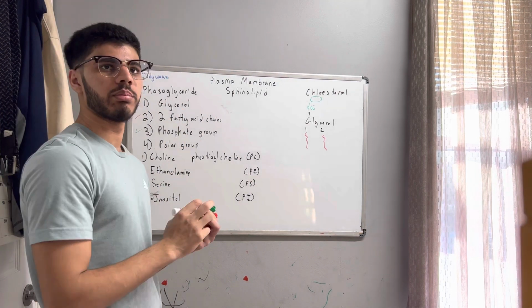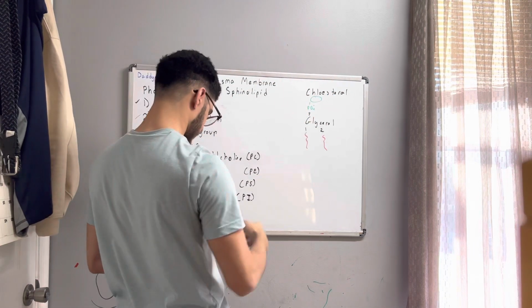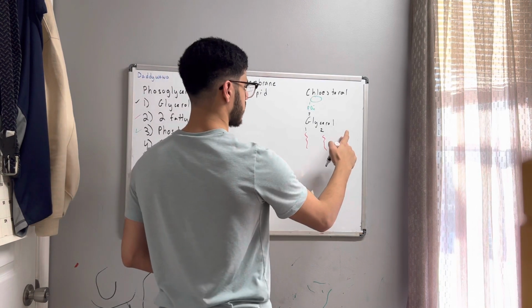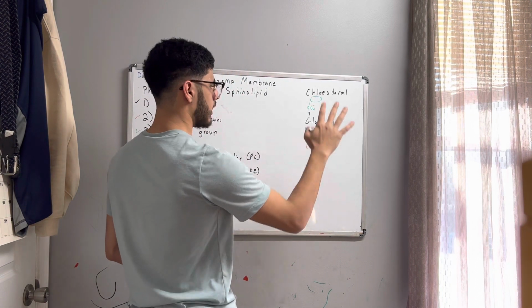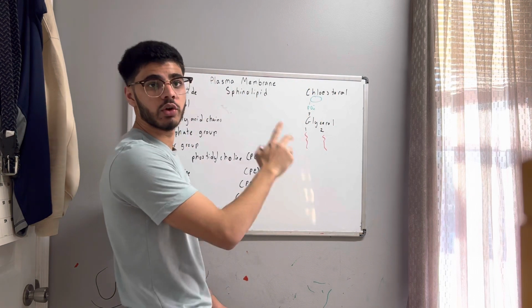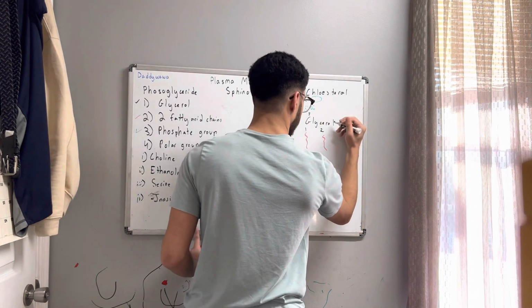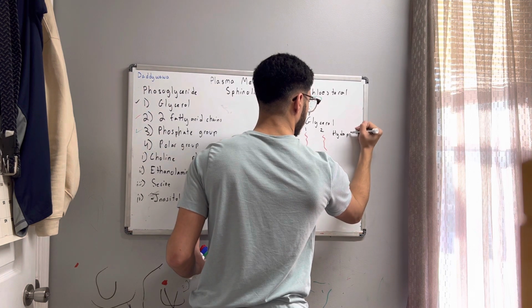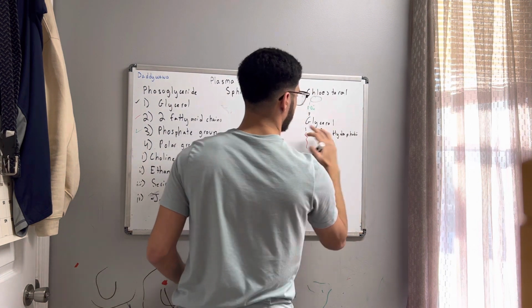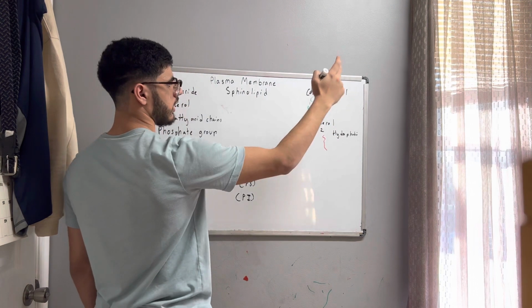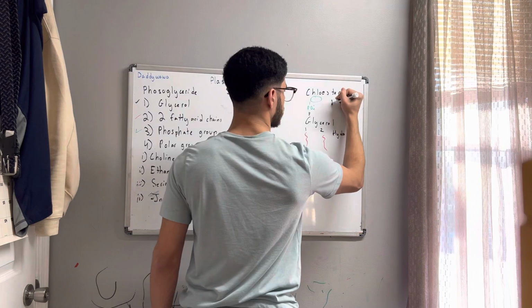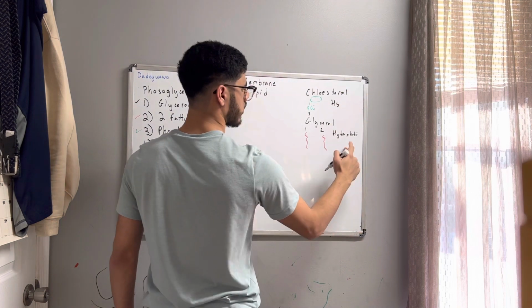Now, back to this part. Since these are the 2 fatty acid chains, this is the hydrophobic region, so I'll label that hydrophobic. And this is the head, where the polar group is attached. This is the hydrophilic region. Hydrophilic means water loving, and hydrophobic means water hating.